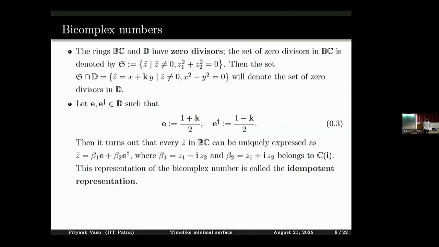In that, we define two split complex numbers, e and e dagger, and we define any bicomplex number z tilde as beta 1 e plus beta 2 e dagger, where beta 1 and beta 2 are in C(i). Why am I writing C(i)? Because that is the complex plane where the imaginary unit is i. And then even in the idempotent representation, we can represent the split complex part as the real part of beta 1 times e plus the real part of beta 2 times e dagger.